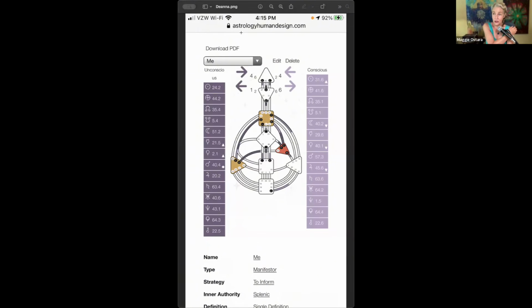So as a manifester, she's going to have a motor to the throat. So here she's got the will center, right? That's right here, connected directly to the throat through the 45-21. In traditional human design, that channel is known as the money line, and in quantum human design, it's known as distribution.